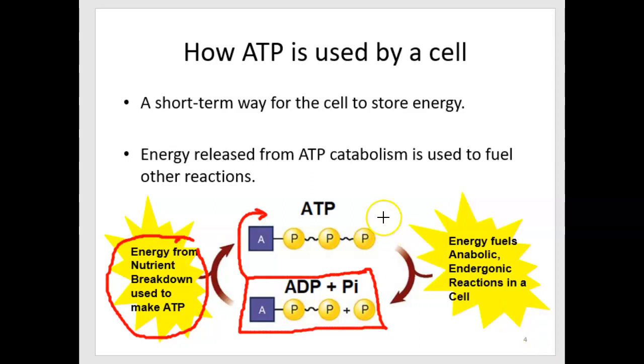So now the cell's got a short-term way to store some energy. If it needs to make a molecule, it's going to need energy. So then the ATP is broken down or catabolized to fuel other anabolic reactions that are taking place in the cell.